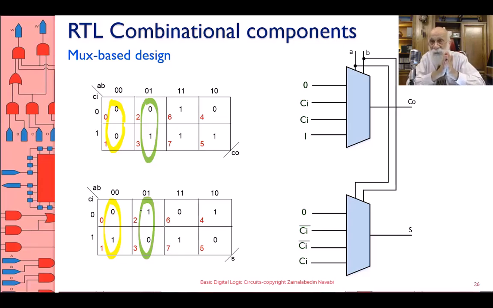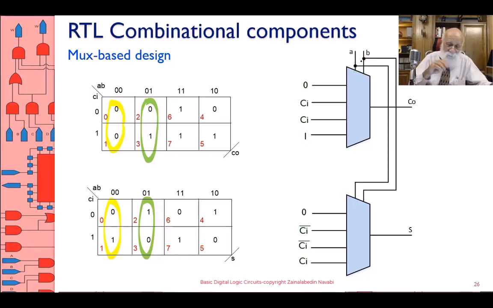In order to make the multiplexers correspond to the columns of the Karnaugh map, I connect A and B in this exact order to the select inputs of the multiplexers, the same way AB is a binary number with A being the most significant bit and B the least significant bit. One multiplexer for the upper map, one multiplexer for the lower map.